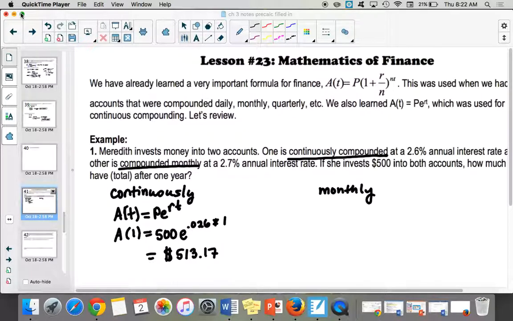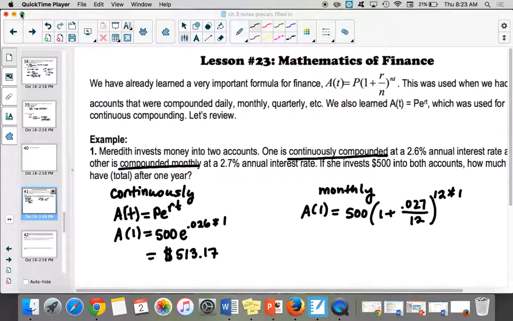If we compound monthly, then we're using that other formula. Our amount after 1 year, we start with $500. Our rate now is 0.027. So it's a little bit bigger for our rate, but we're not compounding as much. We're just compounding every single month instead of continuously, every single millisecond, right? And so we're going to have 12 times 1 up there.